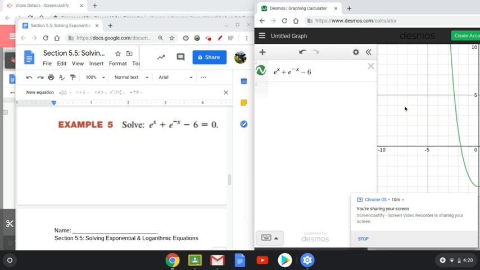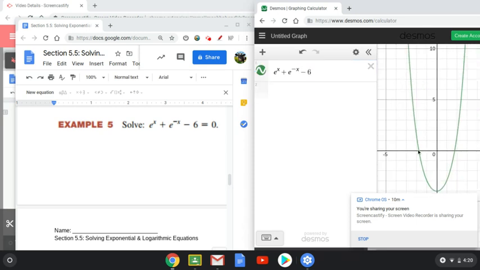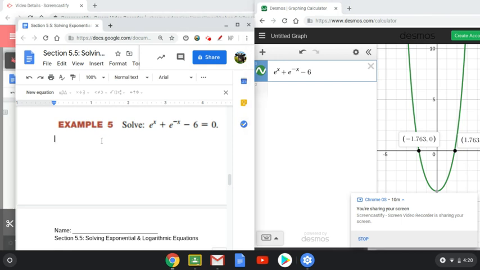And then I'm going to go look at the graph over here on Desmos and find where it intersects 0, or the x-axis. Well, it intersects once here at negative 1.763, and it intersects again at positive 1.763. There's my two answers. That's all I need. So x equals negative 1.763, comma, 1.763. And then you're done.